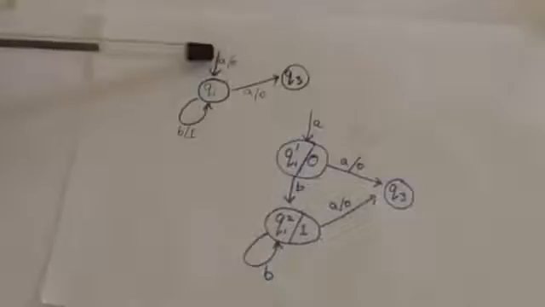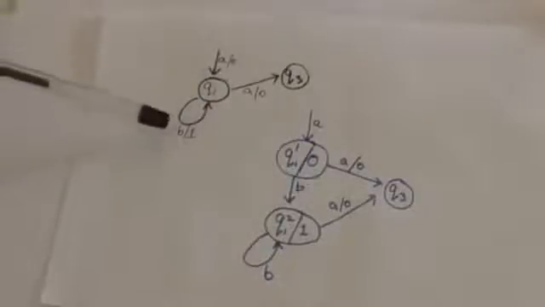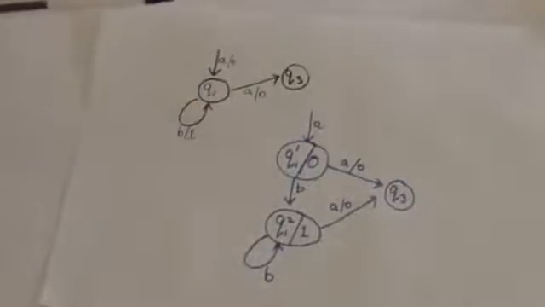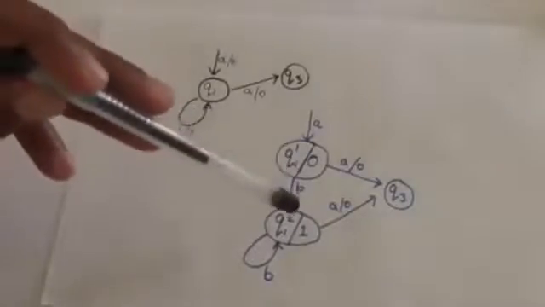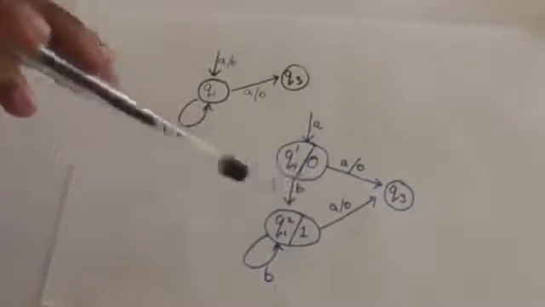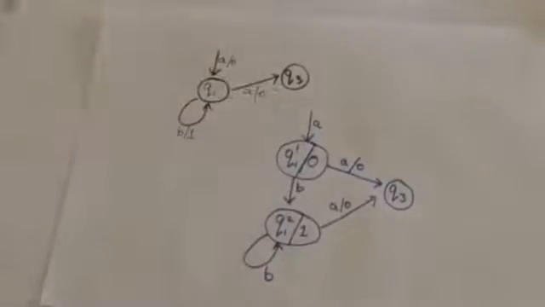One is labeled by input symbol A, the other is labeled by input symbol B. Now this incoming edge, which is a loop, is associated with output symbol 1. So that edge will fall on this state, which is associated with output symbol 1.